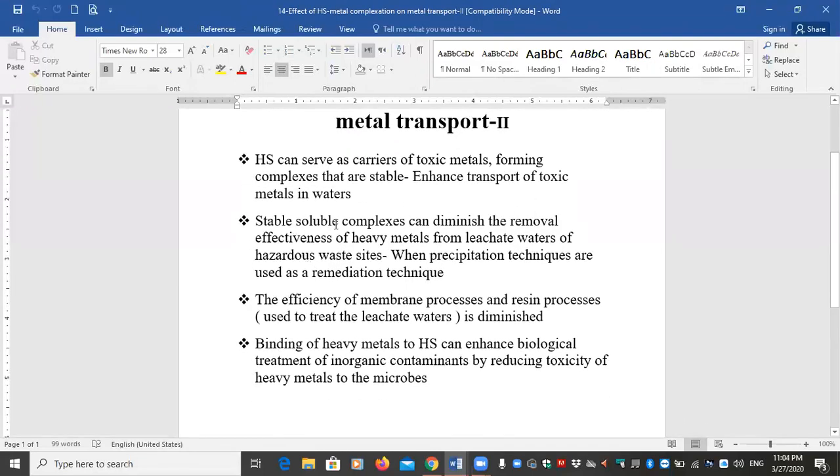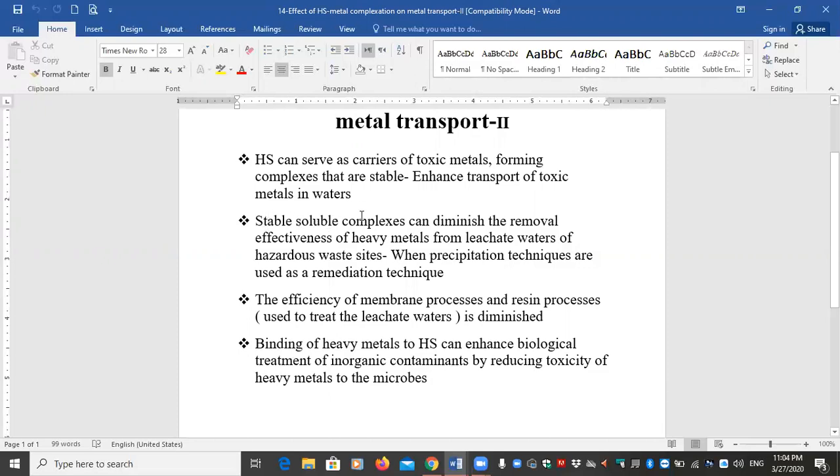Then stable soluble complexes can diminish the removal effectiveness of heavy metals from leachate waters of hazardous waste sites, when precipitation techniques are used as a remediation technique. I will read this sentence again slowly, and we will go over every part of it so that you can understand what we mean by this.